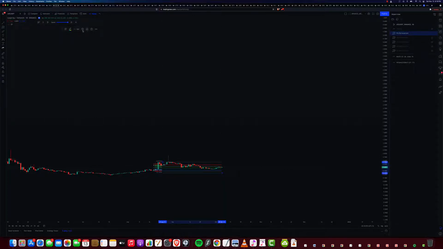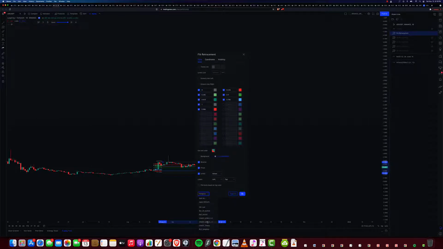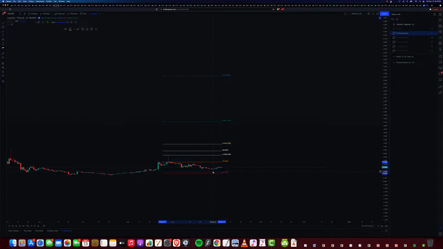I already have a preset made for it. And you go to the bottom of the range here, and then go to the top of the range here.